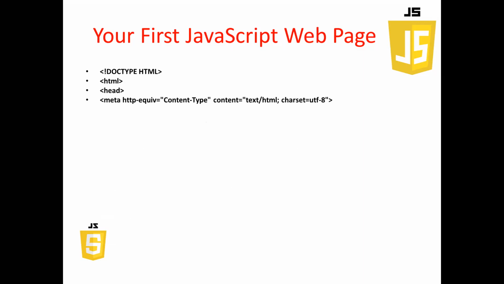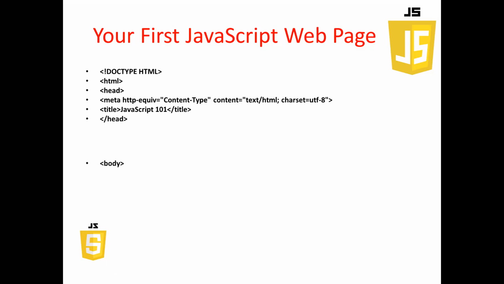Between head, we will write the meta information. We will write title. Under the title, you know what we are writing? JavaScript 101. We have not started our JavaScript yet, but we let our HTML say that we are going to start our JavaScript.